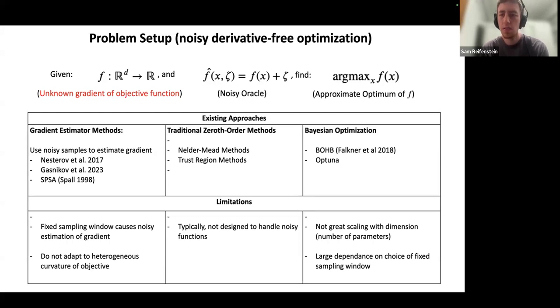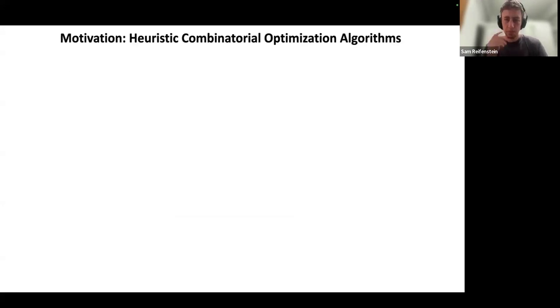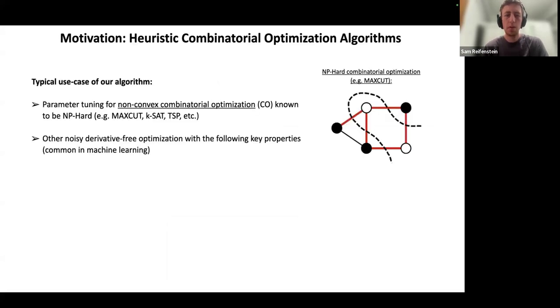But all these different approaches have their limitations when it comes to very noisy objective functions, heterogeneous curvature of the loss landscape, and larger dimensions. So our specific motivation for this work is a certain type of optimization.